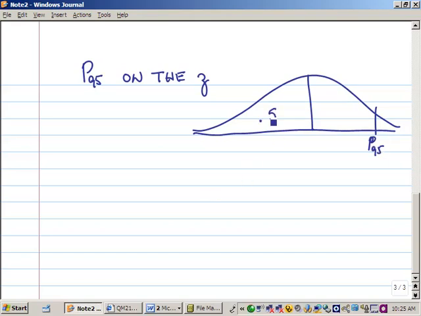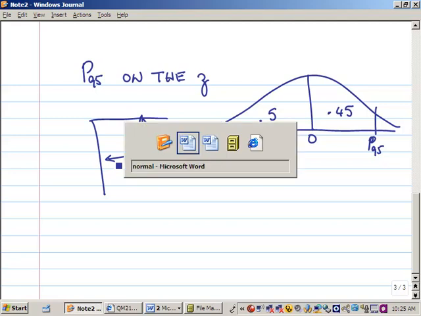We have 0.5, or half the distribution, below 0 to get us through the 95th percentile. 0.95 minus 0.5 is 0.45. So we're going to go to our tables and look for the probability 0.45.